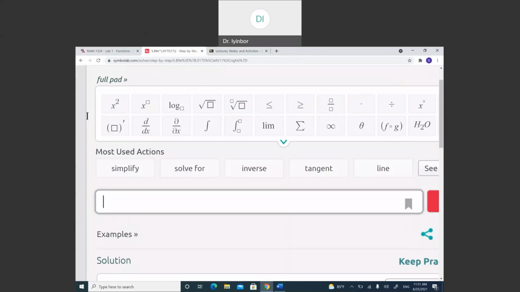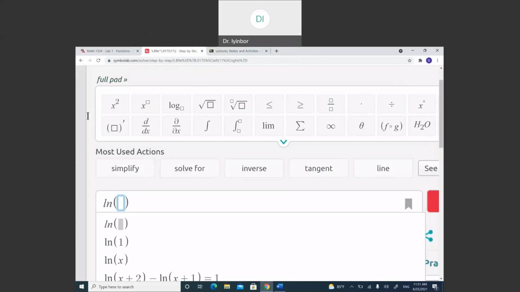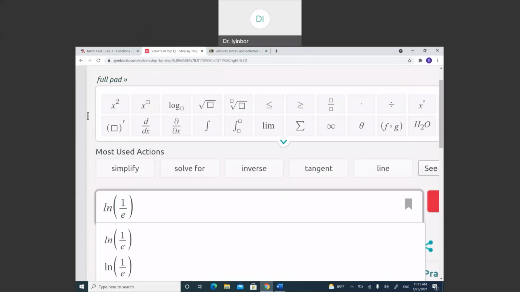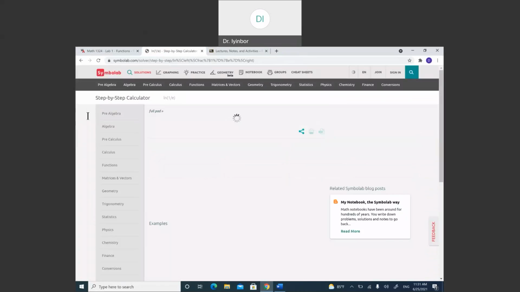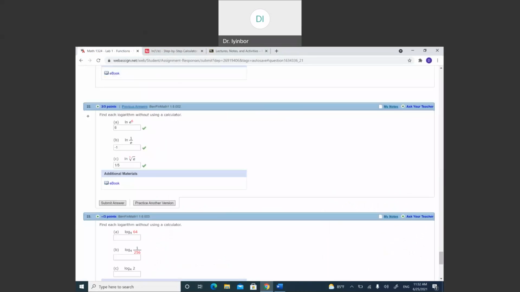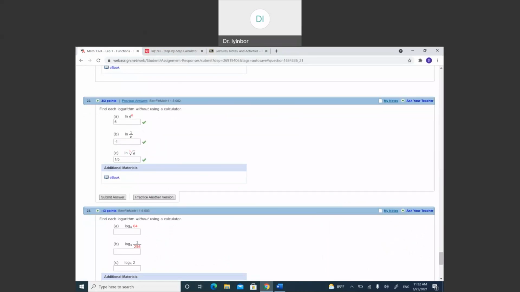So you're going to type in ln, and then you're going to put 1 divided by e, just the way it is. Just use the keyboard, the letters ln and the letter e. And when you put it like that, it's going to give you -1. That's exactly what we get. Okay? So you can do all this in the calculator also. Just enter it the way it is.